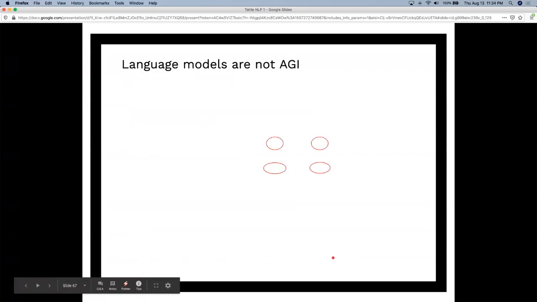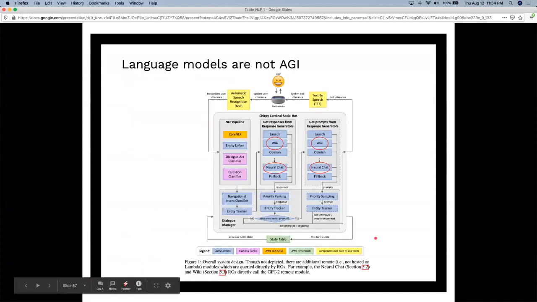Another, ending on an even more sobering thought. There is this challenge called the Alexa challenge, where Amazon has this competition in which universities participate. They are provided all the resources, and then they launch the bot to the users or testers, and you can say, Alexa, let's chat.